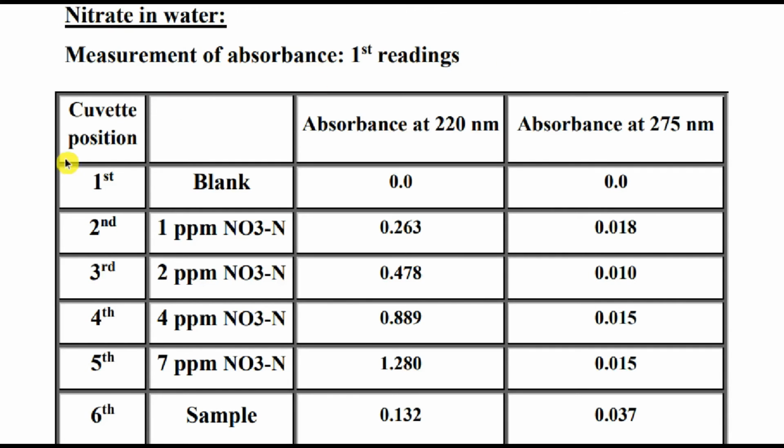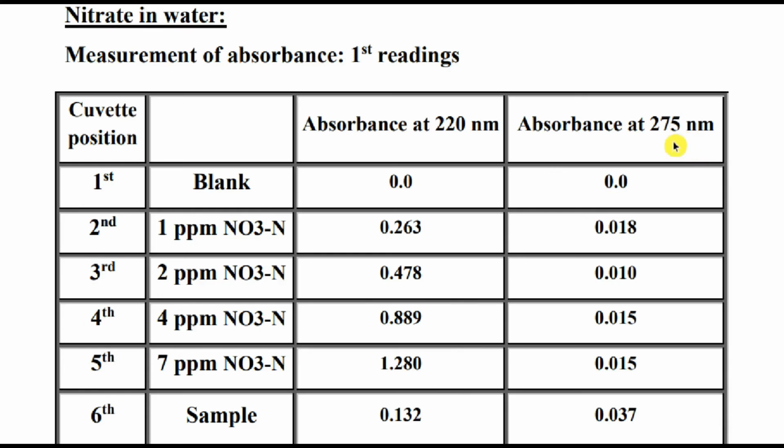In the first reading, we found the following result. This is cuvette position, first, second, third, fourth, fifth, and sixth. We took absorbances at 220 nanometer and 275 nanometer. At 220 nanometer, blank has 0 absorbance and 1 ppm solution gives 0.263, 2 ppm gives 0.478, 4 ppm gives 0.889, 7 ppm gives 1.280 and sample gives 0.132.